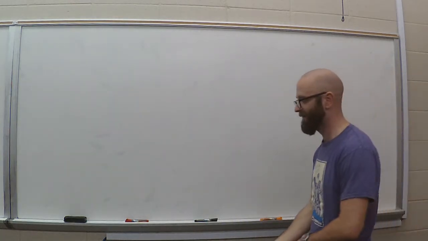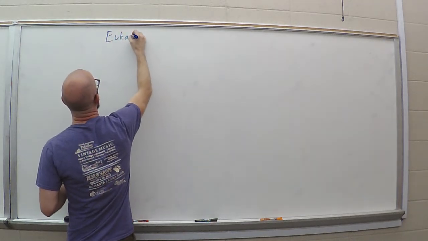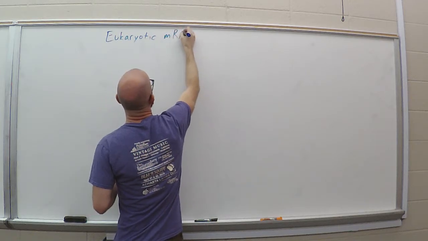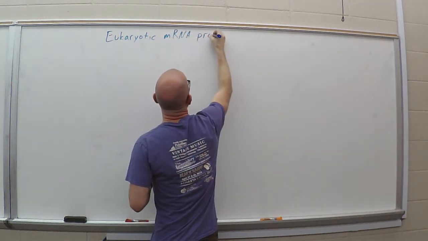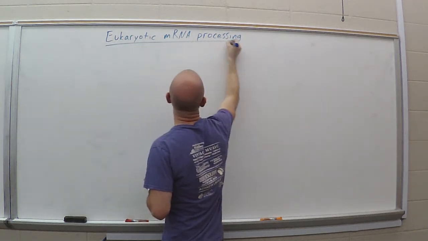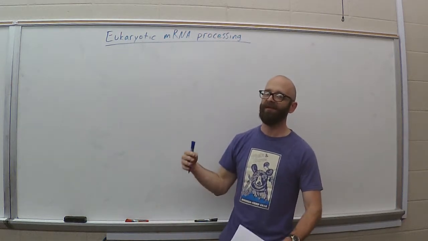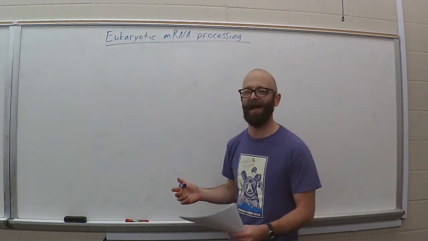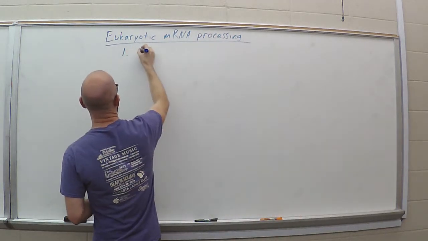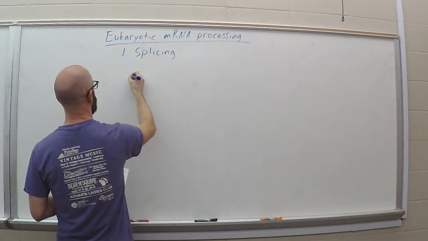So let's talk about that mRNA processing. Eukaryotic mRNA processing. All right, I'm just going to list them for you, and then we'll detail what it actually means. So there's three things that happen. One is called splicing.